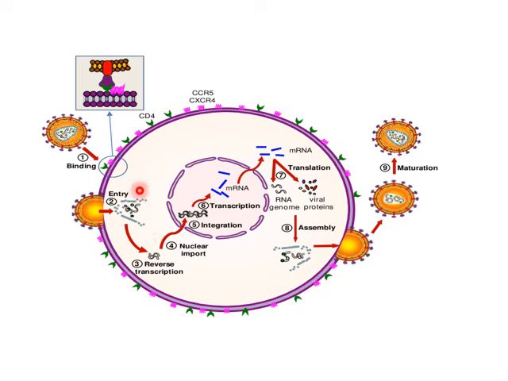So this HIV RNA is going to be transcribed into DNA by the reverse transcriptase enzyme. This newly formed viral DNA is then transported into the nucleus of the cell.